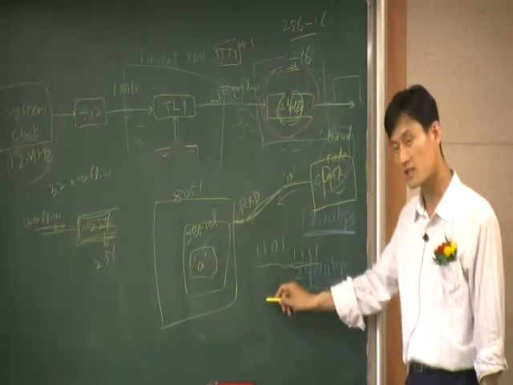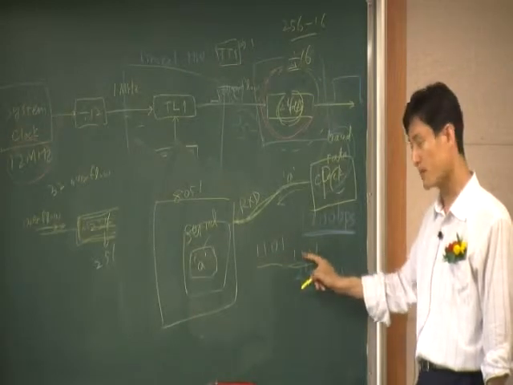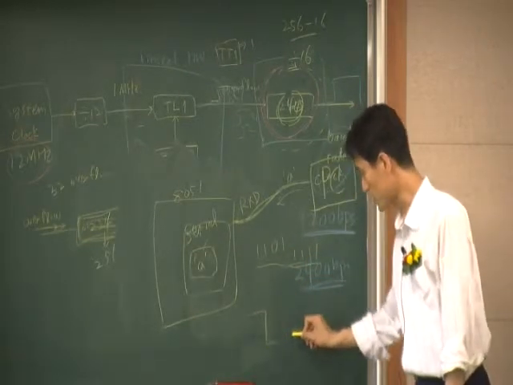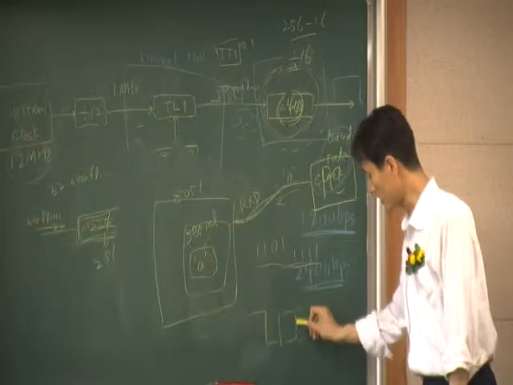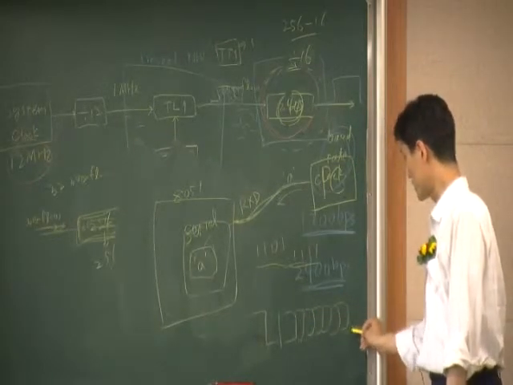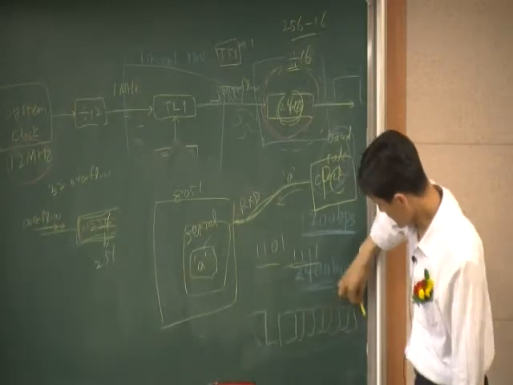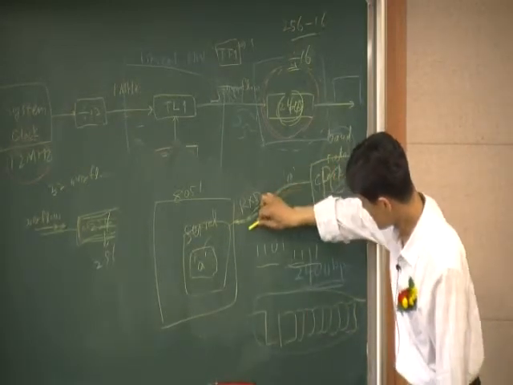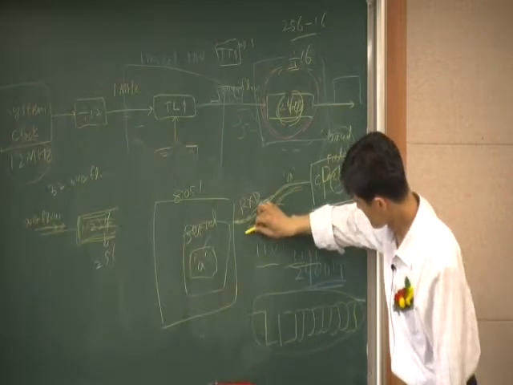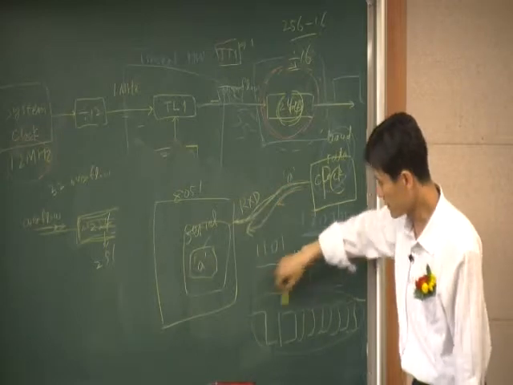Remember that we have a start bit and a stop bit. In order to transmit 8 bits, you need to have a start bit, then the 8 bits, and a stop bit. This kind of information is right here in this line.